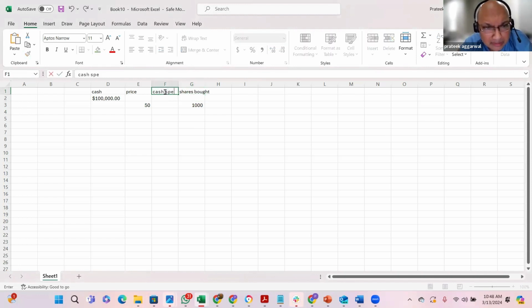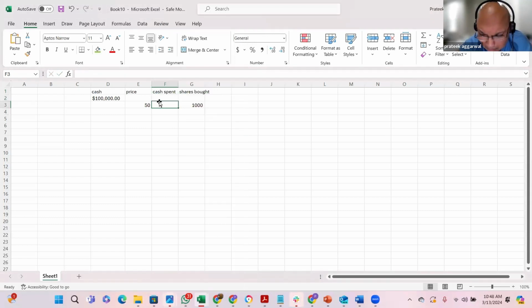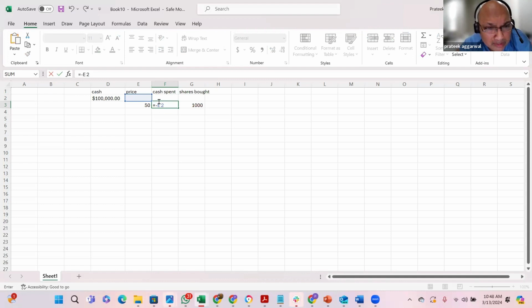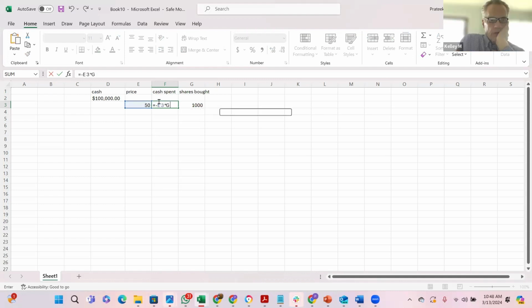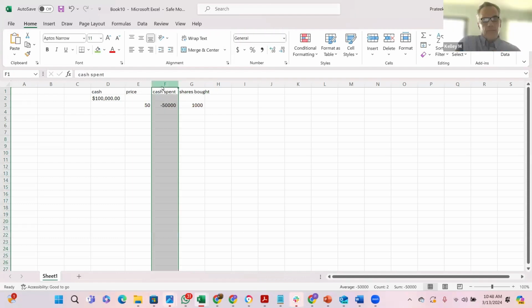Cash spent is equal to E3 multiplied by G3. So 50,000 has been spent.